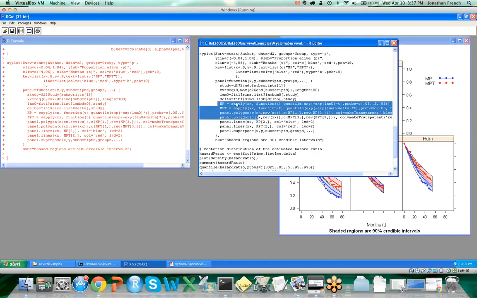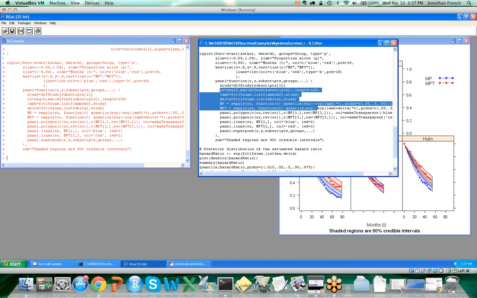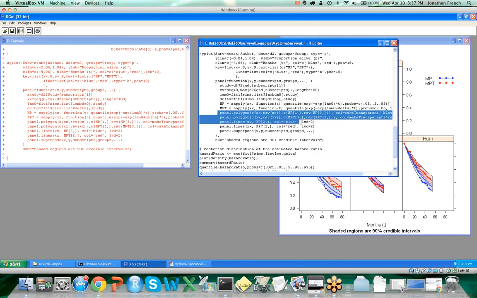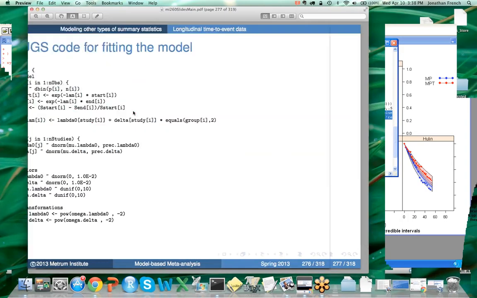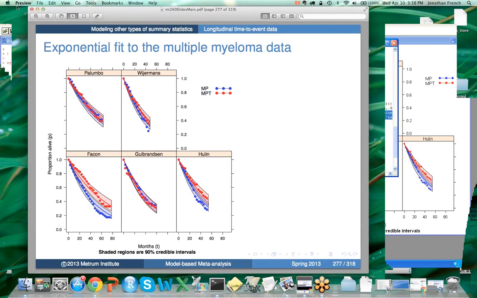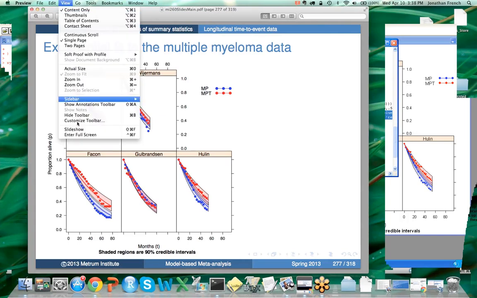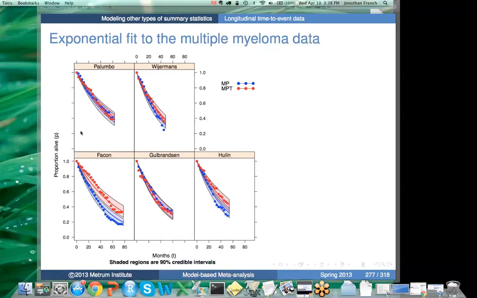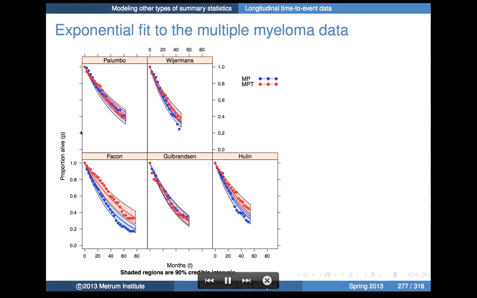That's what all this machinery is doing. And then these last few pieces are actually plotting out those credible intervals with the data. So we'll jump over to the slides to look at how the model fits the data, and then we'll come back to see what kinds of things we can extract from our model.